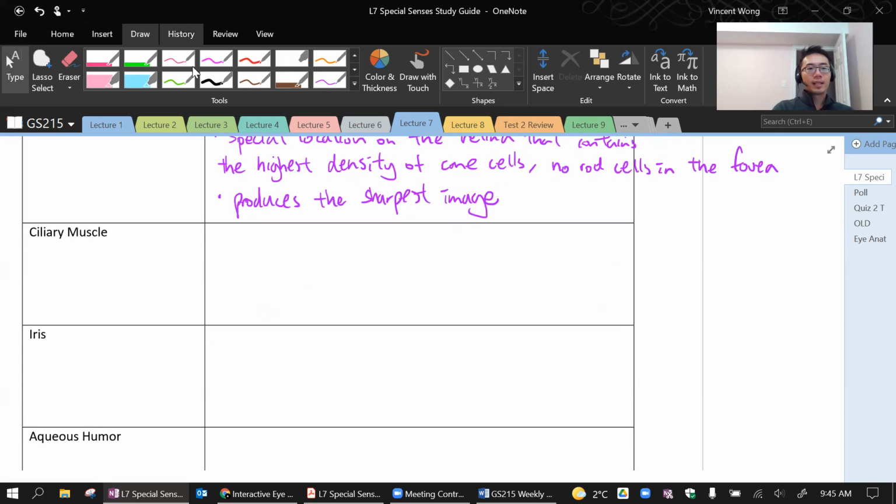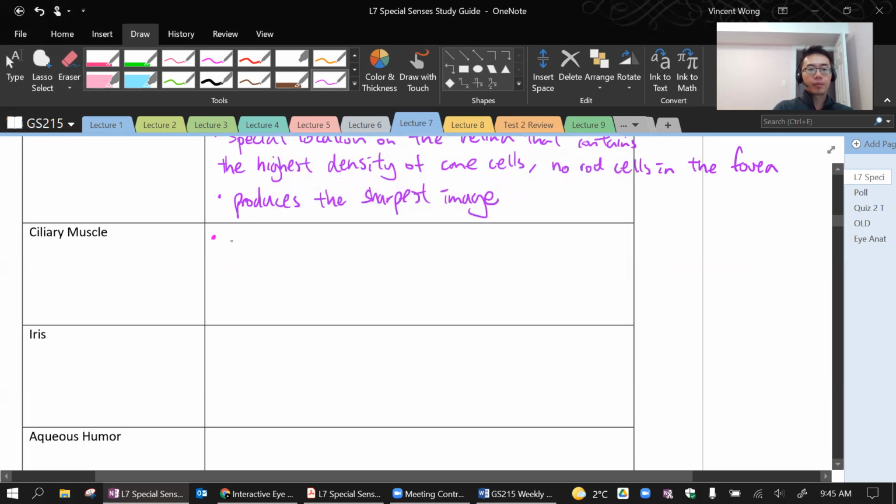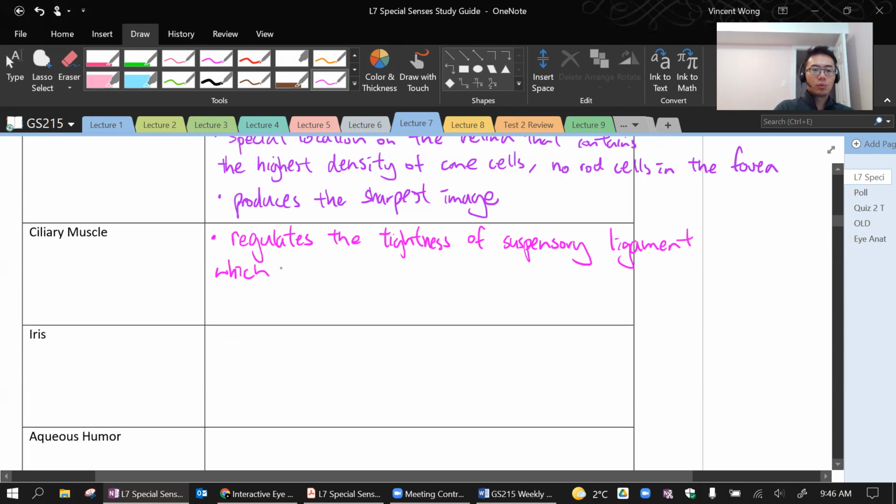Ciliary muscle. So ciliary muscle regulates the tightness of the suspensory ligament, which in turn adjusts the thickness of the lens.